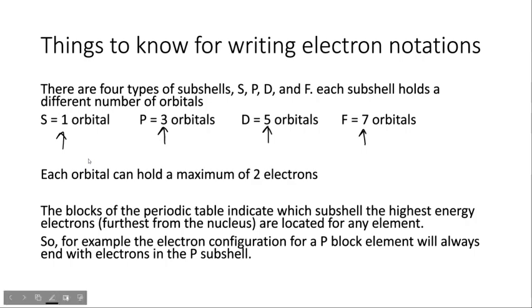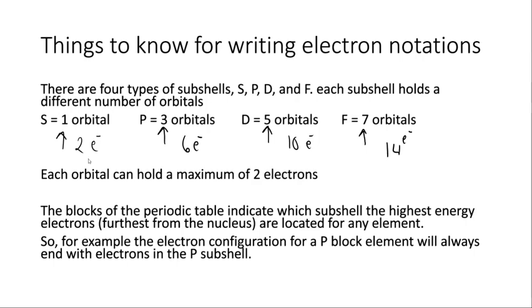And each orbital can only hold a maximum of 2 electrons, meaning that in an S subshell, there can be a total of 2 electrons. In a p subshell, if each orbital can hold 2, there can be a maximum of 6 electrons. In a d subshell, since there's 5 orbitals, you can have a maximum of 10 electrons. And in an f subshell, because there are 7 orbitals, you can have a maximum of 14 electrons.